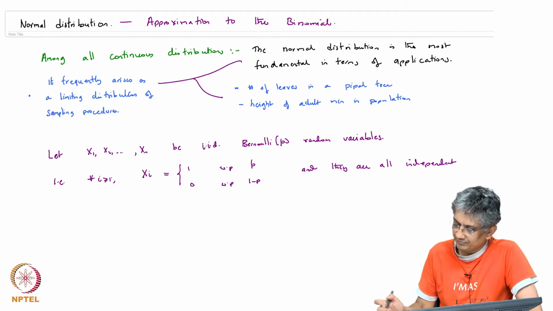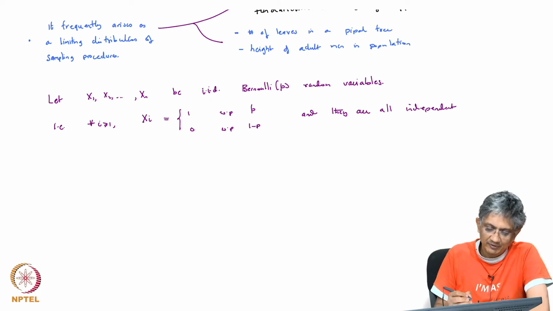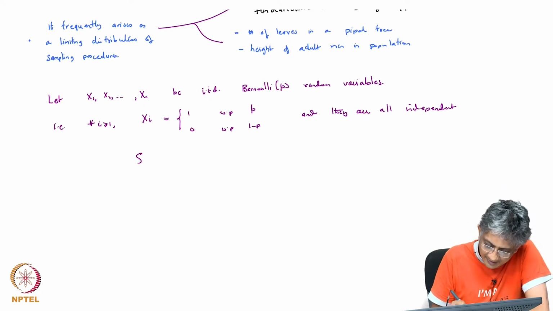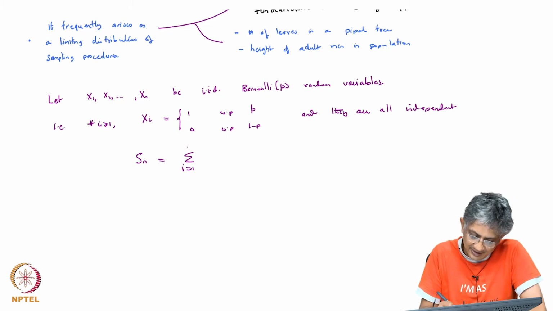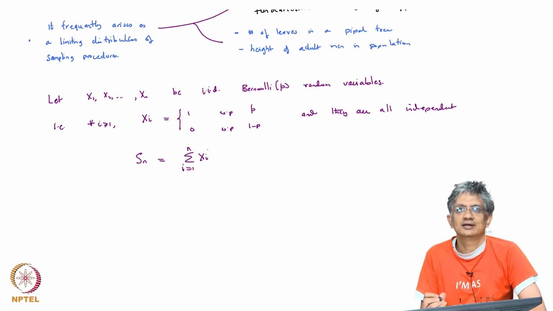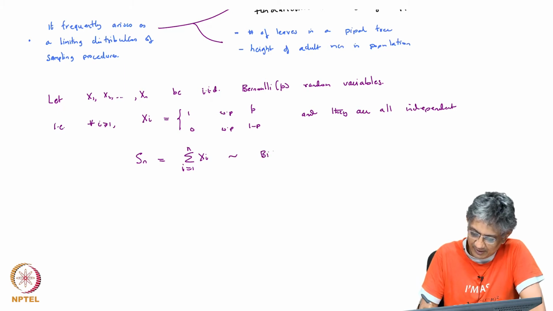Very good. So now, how did we construct the binomial? We would take Sn to be the number of successes in n trials, or if you think of Xi being 1 as success, the sum of Xi for i equal to 1 to n. That's binomial, and this we know is a binomial n, p.